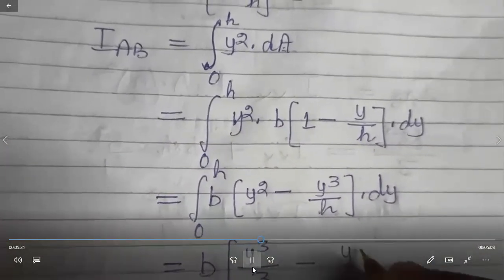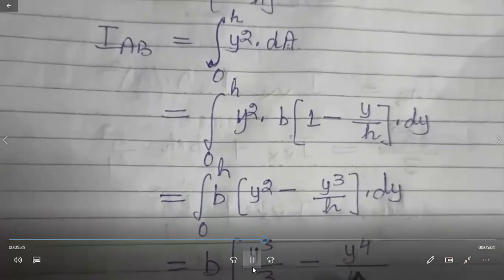On integrating it, b is outside and this is y cube by 3 minus y to the power 4 upon 4h. Limit is 0 to h.